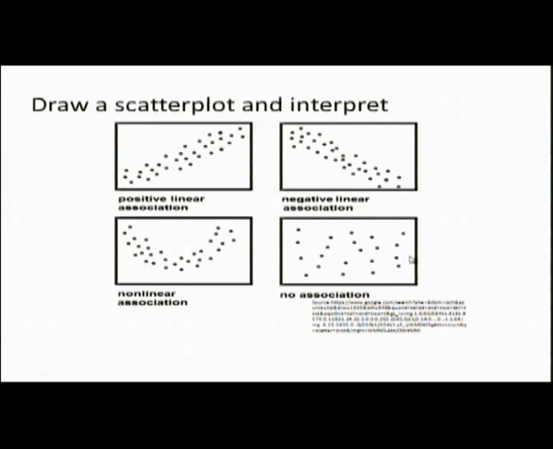In this case, there is no association between x and y. Why? Because there are these points where x is low, but y can be low, y can be moderate, or y can be high. Here there are points for which x is high, and again y can be low, y is moderate, and y is high.